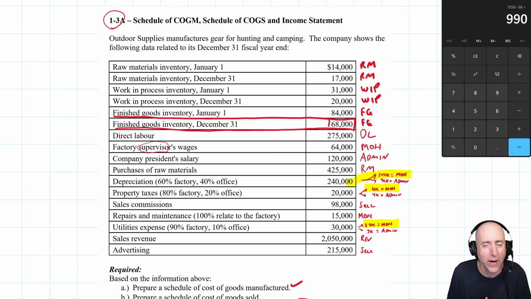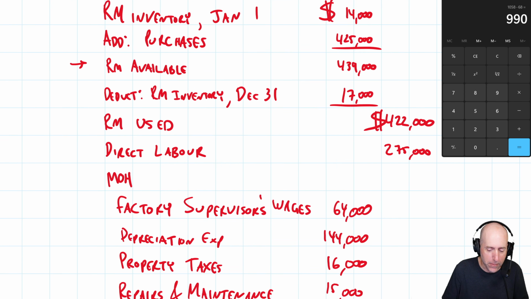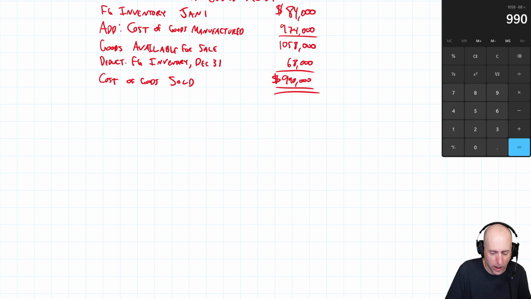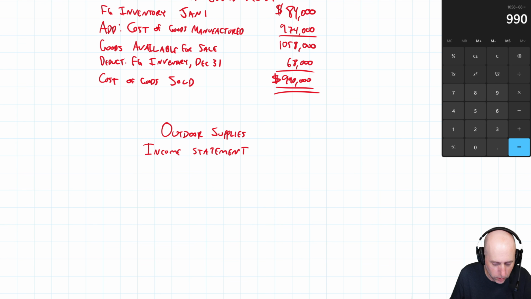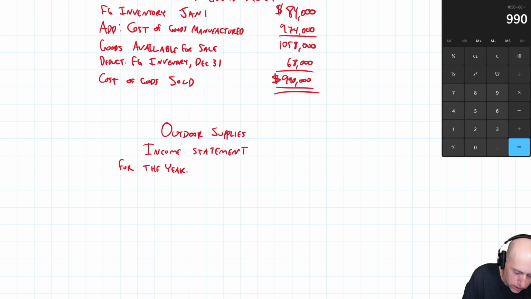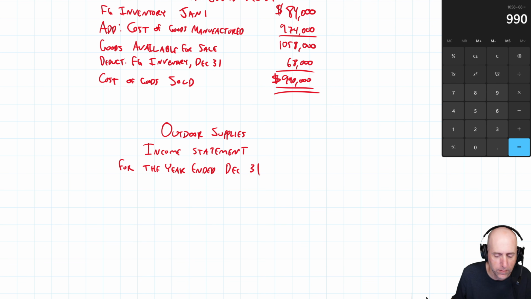That logical way starts with a title: the name of our company, Outdoor Supplies, then the name of our financial statement, income statement. This can also be called a statement of operations, but I like good old income statement. It gets dated the same as our others: for the year ended December 31st.